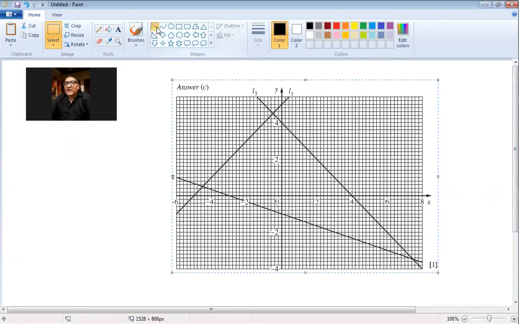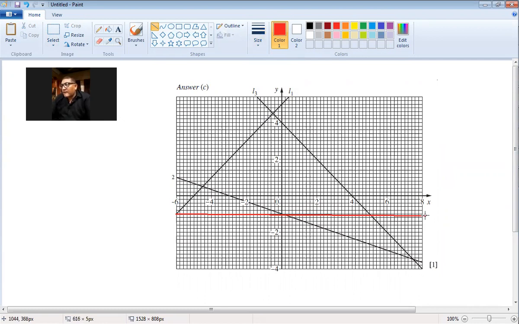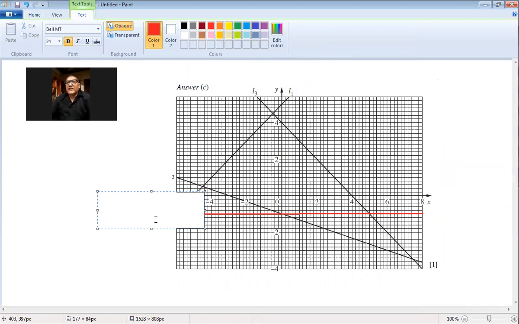Y equals minus 1, so I have to draw that line. Y equals minus 1 is this line basically. This is the fourth line.